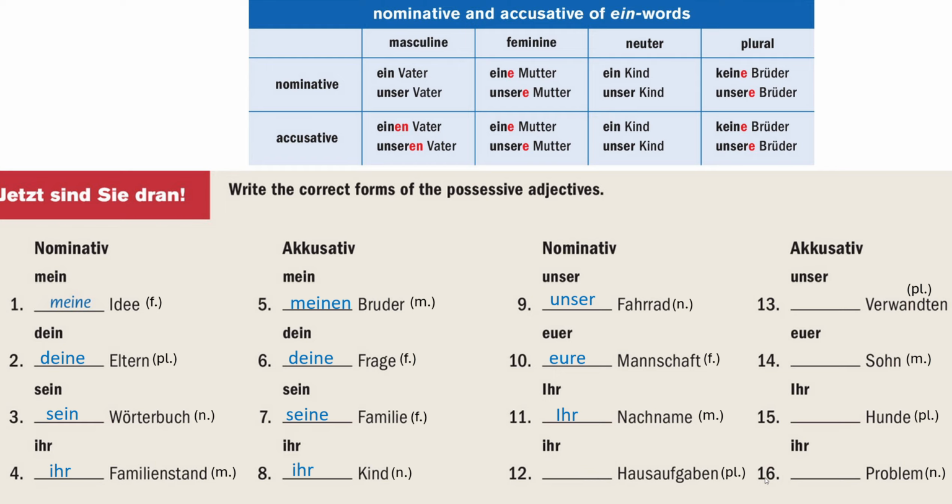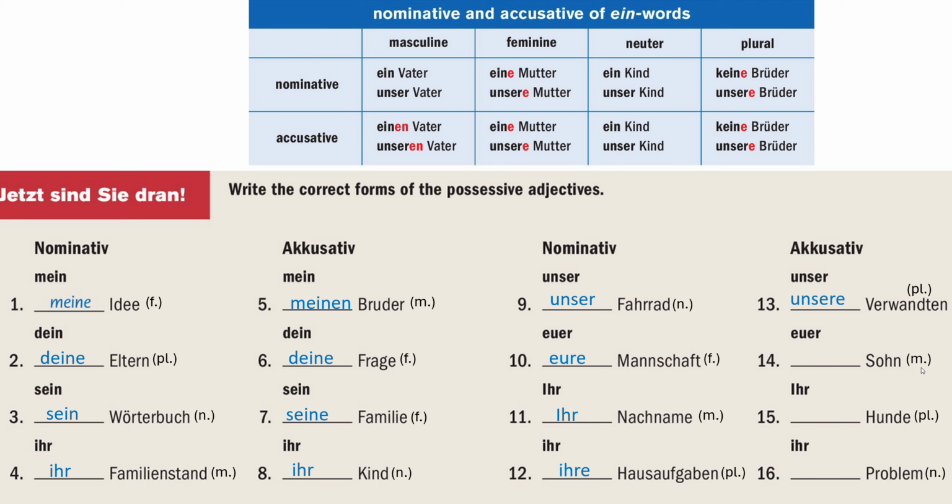Ihr plus plural. So it's got that e, right? So it's ihre Hausaufgaben. And then back to the accusative, unser, and then plural, so that's that e ending over here. So it's unsere, yeah. Euer Sohn.